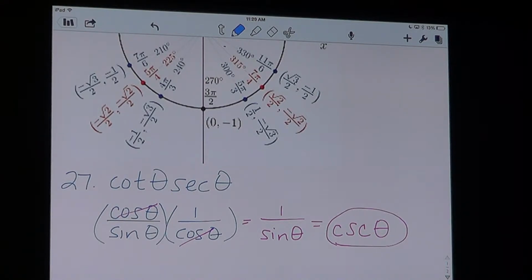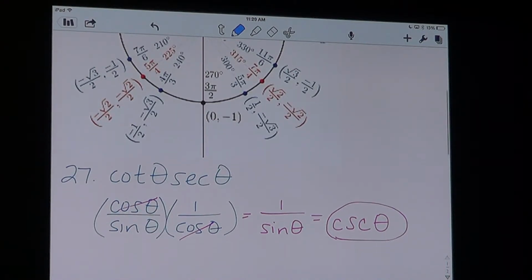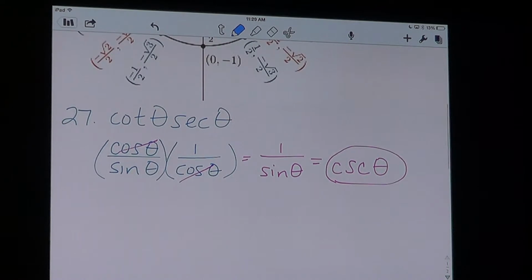Let's do 33. 1 minus sine squared x over cosecant squared x minus 1.